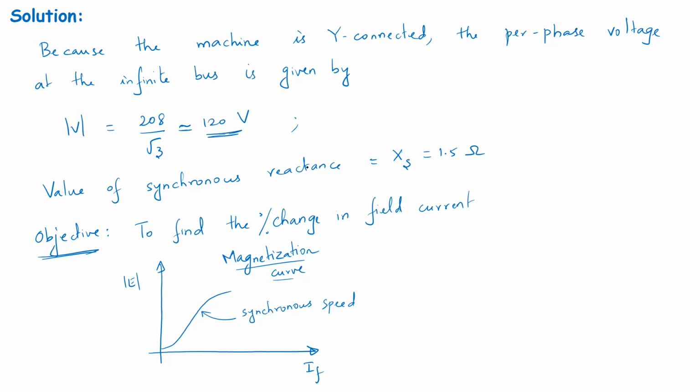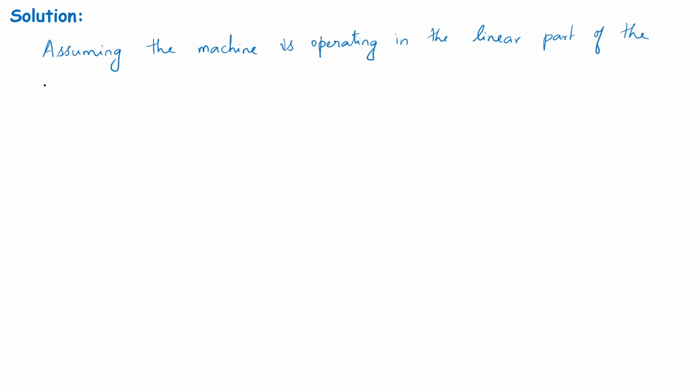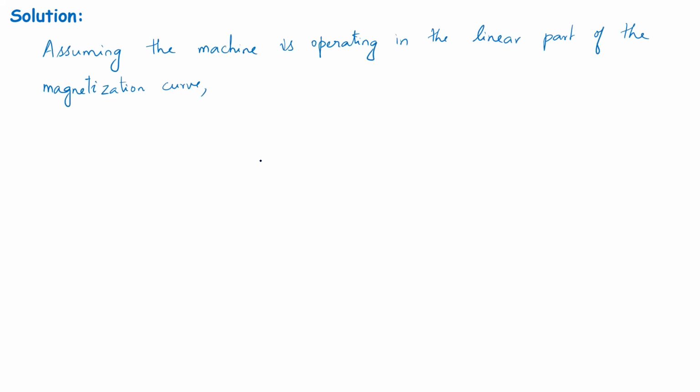So what I'm going to do is state one assumption: assuming the machine is operating in the linear part of the magnetization curve.